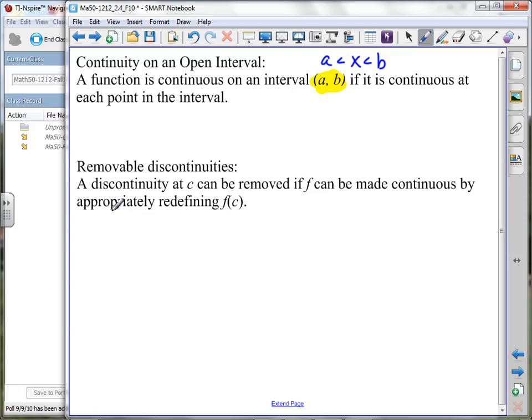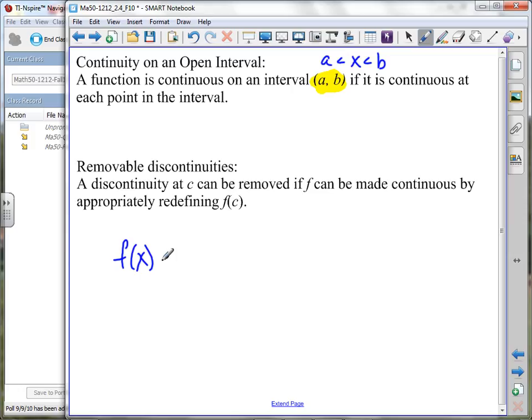Removable discontinuities. A discontinuity can be removed if the function can be made continuous by appropriately redefining f of c. Now, we have done some of that work in our limit section.